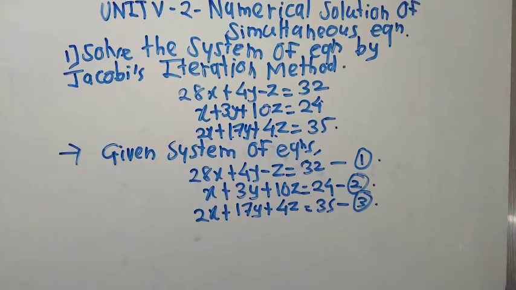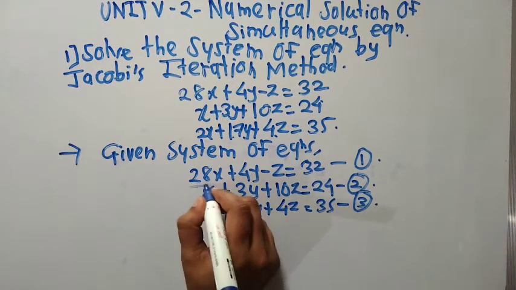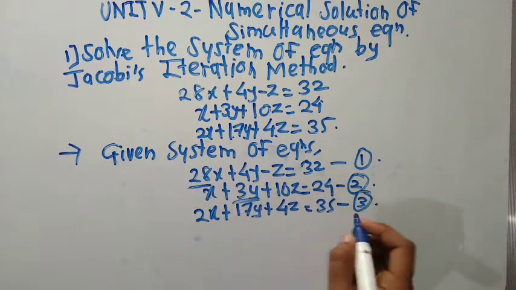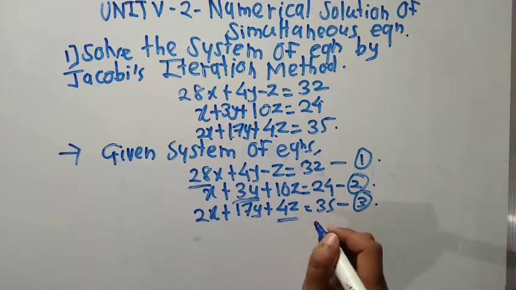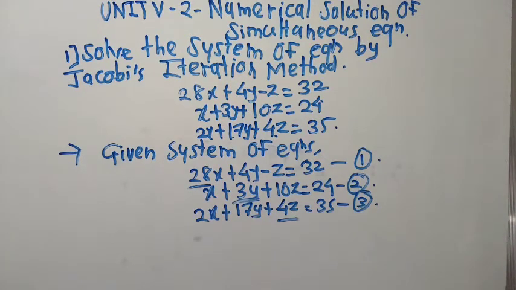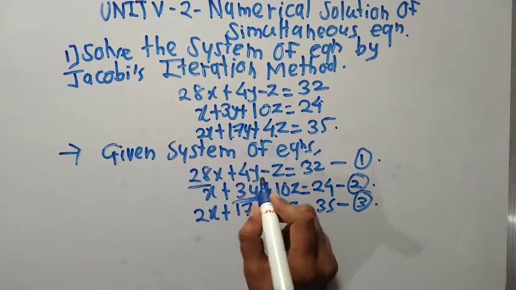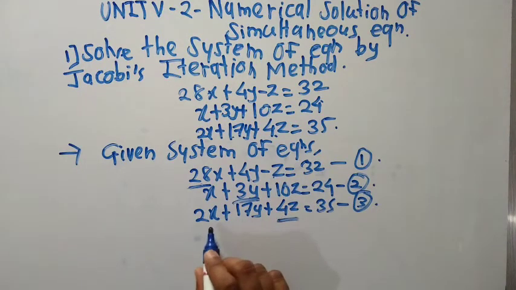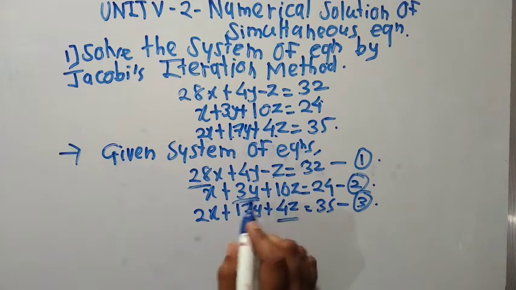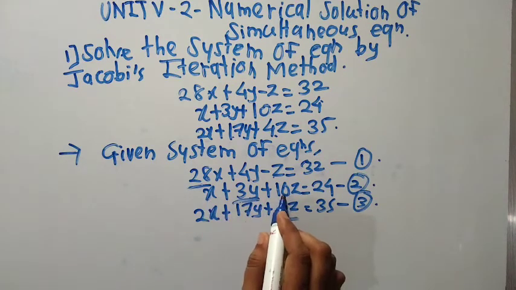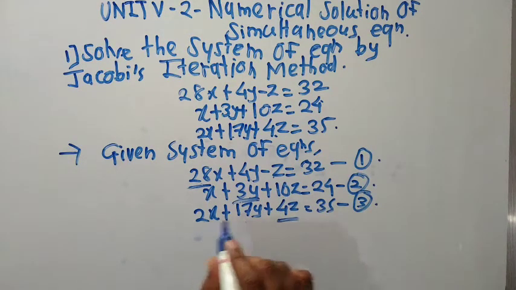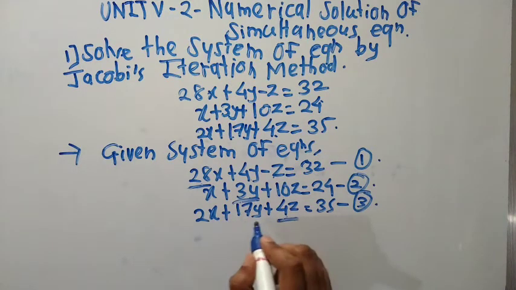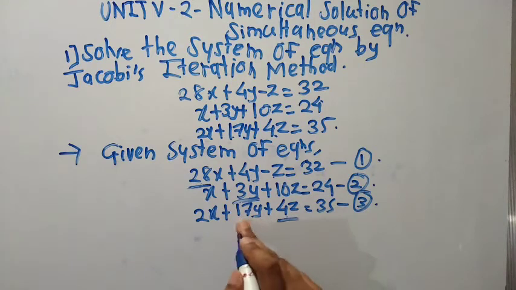Then here the diagonal elements are 28, 3y and 4z. Here 28 is greater than 4 and 1. 3 is not greater than 10. And here 4 is greater than 2 but not greater than 17.